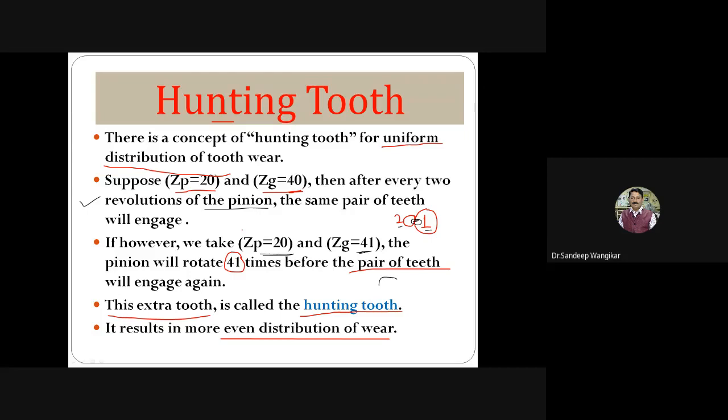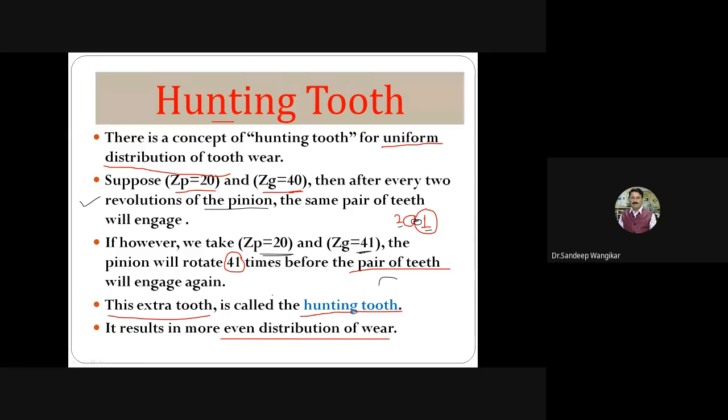But if the tooth having some problem, some deviations, some errors, or wear, does not come in contact with the same mating tooth for 41 revolutions, then the wear will be more even. Instead of wearing only one pair, all teeth will wear slowly and the life will increase.